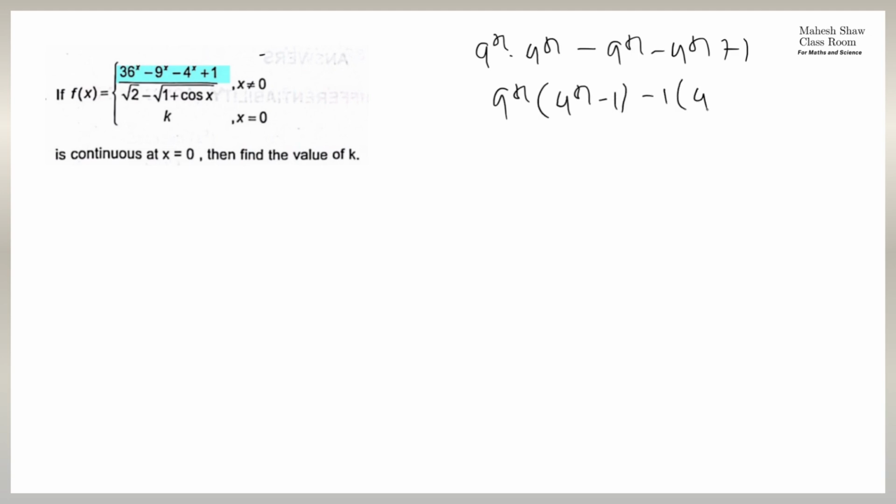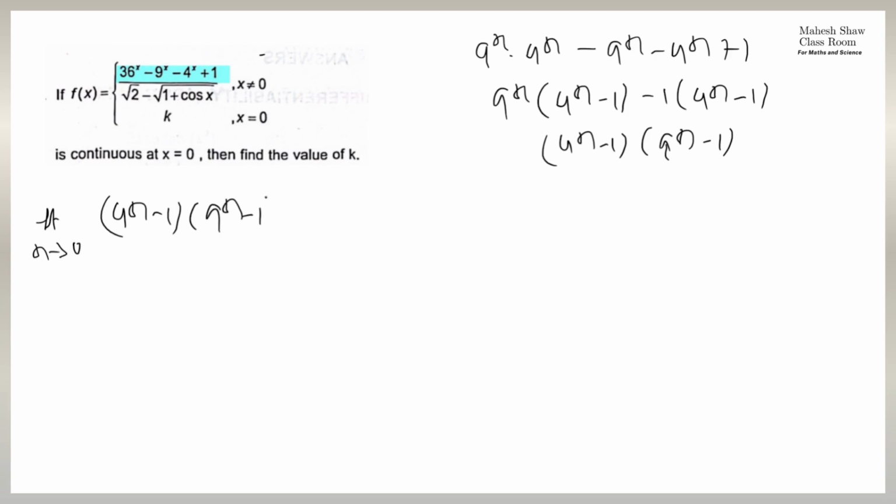Taking −1 common, we get again 4^x − 1. This is (4^x − 1) and this is (9^x − 1). Okay, that's for the numerator. So limit x tends to 0, this numerator is (4^x − 1)(9^x − 1).